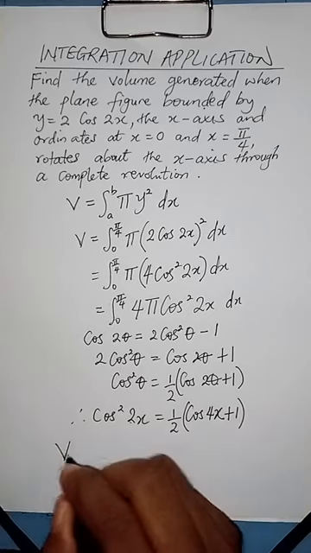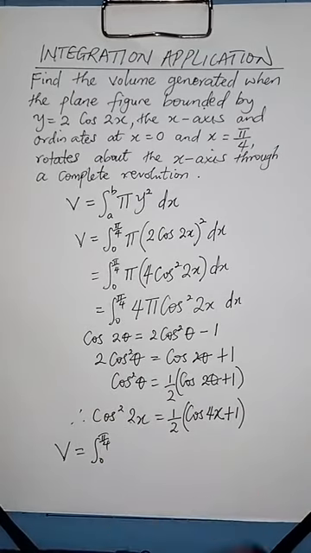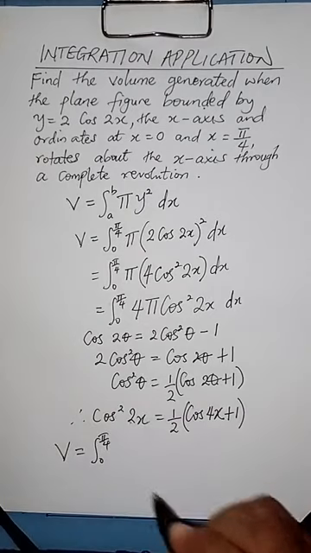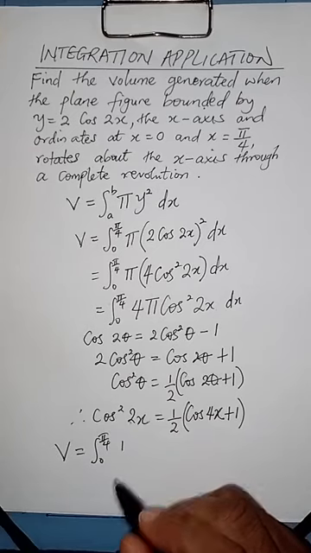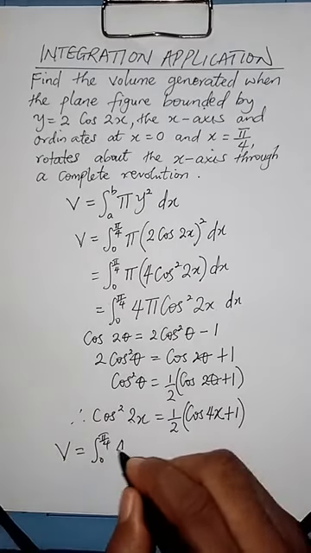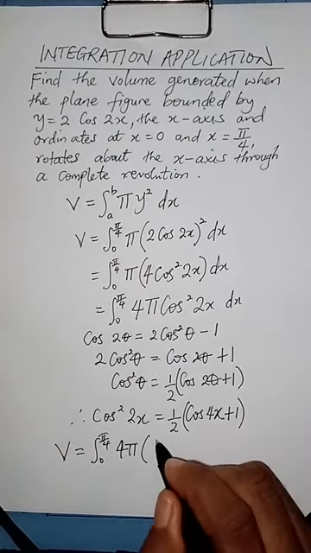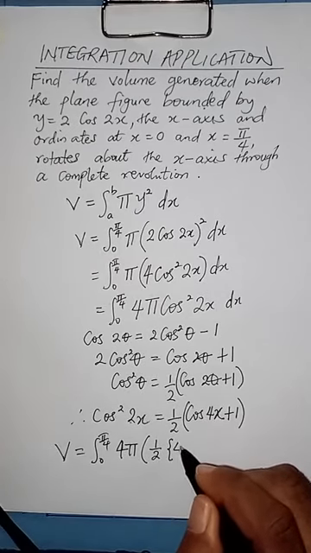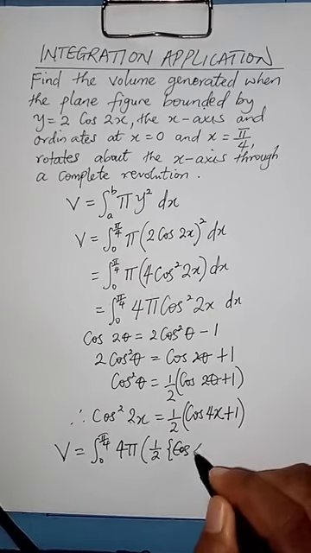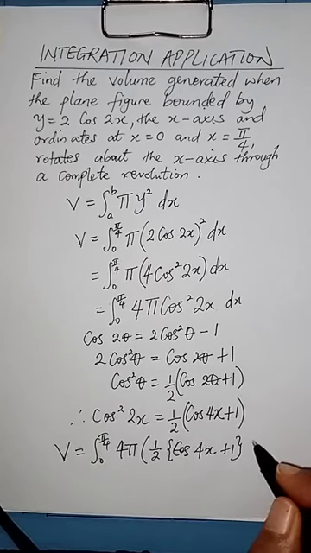So at this point, you can put in your values back. You're going to have your 4 pi, which is there already, and then you have 1 divided by 2 times cos 4x plus 1, and then you can close it with dx.